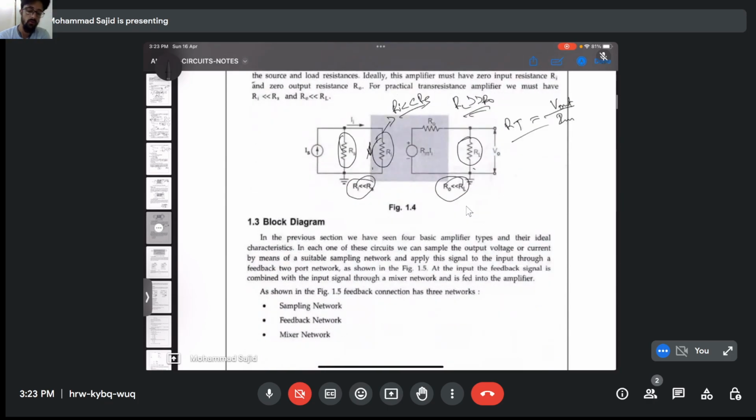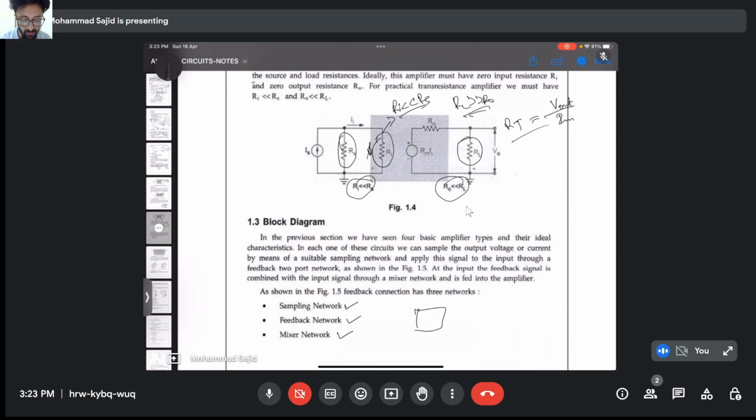Okay, now we understood these basic amplifiers. Next is how we apply them in the feedback network. As we said, there are three types of networks that are important in these feedback circuits: the sampling network, the feedback network, and the mixer network.